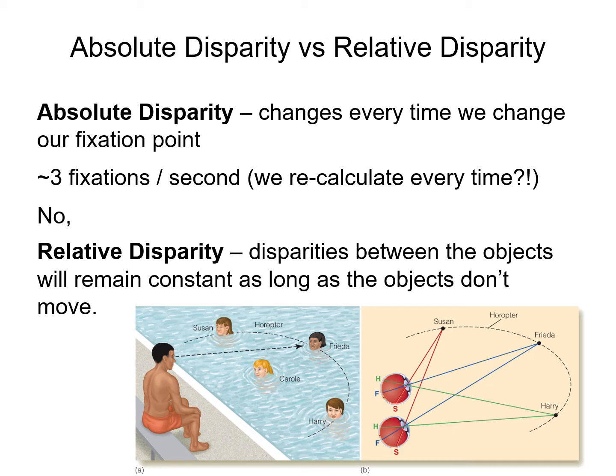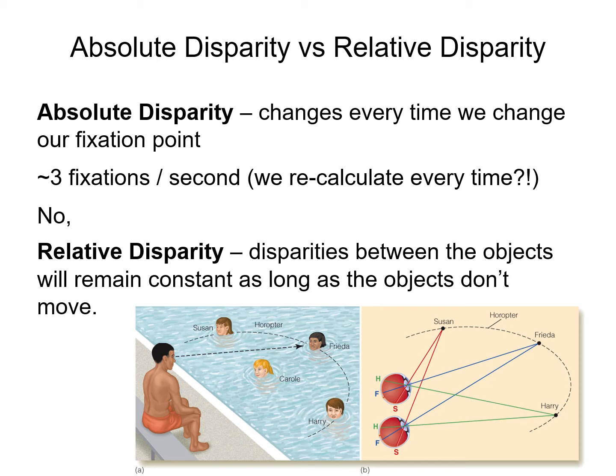Well, I'm going to say yes and no. Mostly no. No, because one, these are not calculations really. They are different neurons firing. But no, because we also have this relative disparity. The disparities between the objects are going to remain constant as long as those objects don't move.